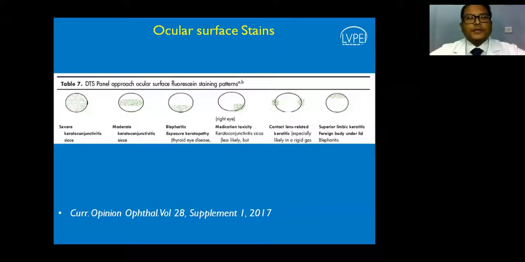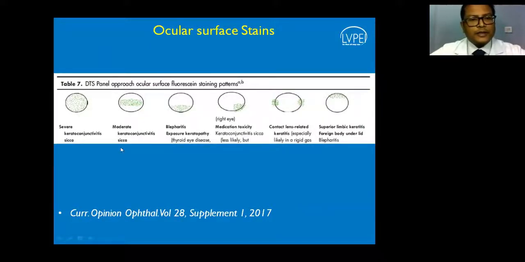So the dry eye or the dysfunctional tear syndrome panel have proposed different staining patterns of fluorescein in patients of dry eyes or those who have attendant dysfunctional tear syndrome, which includes dry eye as part of the pathology. So in severe keratoconjunctivitis sicca, there is a diffuse staining of the ocular surface.